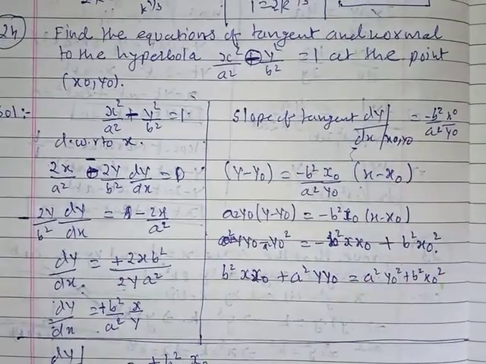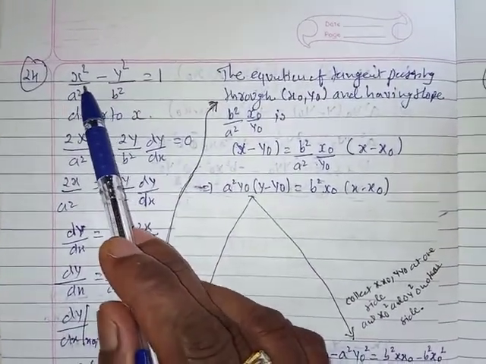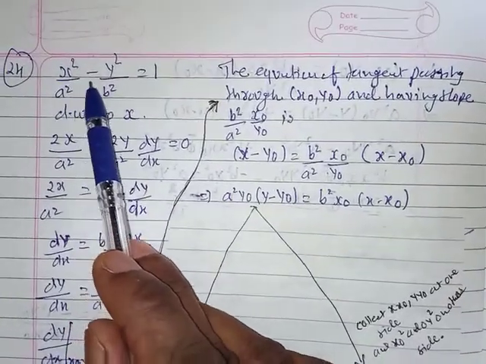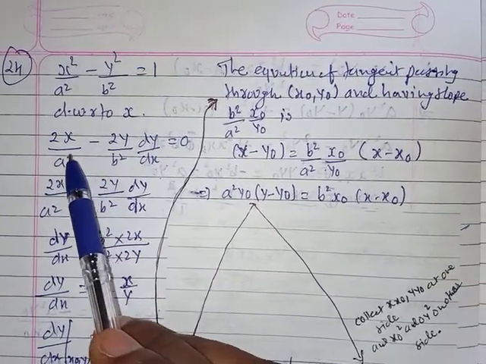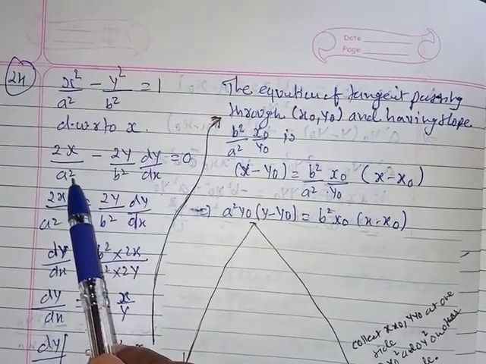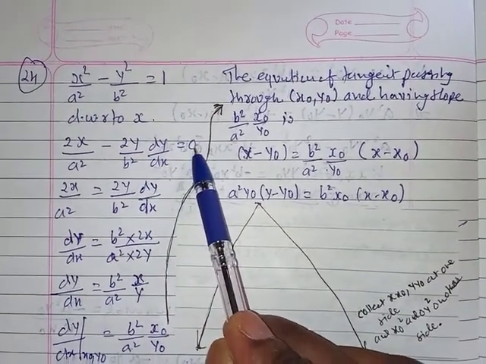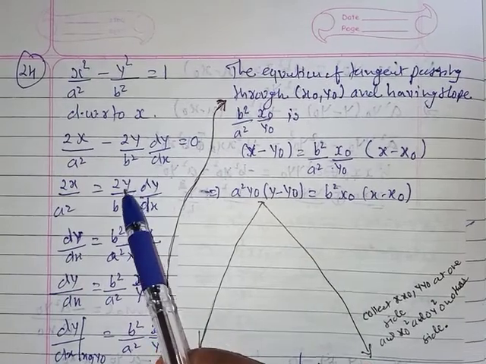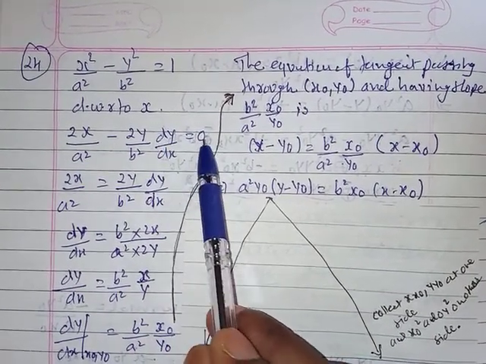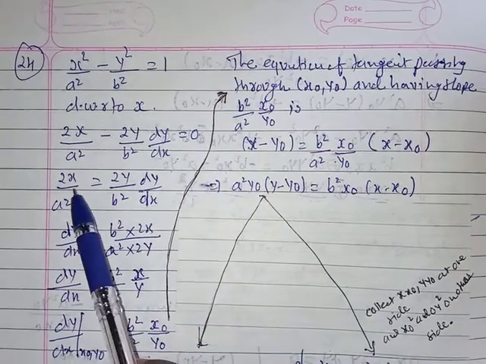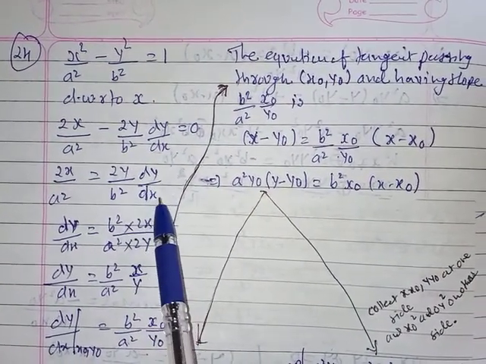So let's see what I have done here. x squared upon a squared minus y squared upon b squared is equal to 1. Taking the derivative with respect to x, we get 2x upon a squared minus 2y upon b squared dy by dx is equal to 0. Then this minus term we bring to the other side, so 2x upon a squared is equal to 2y upon b squared dy by dx.